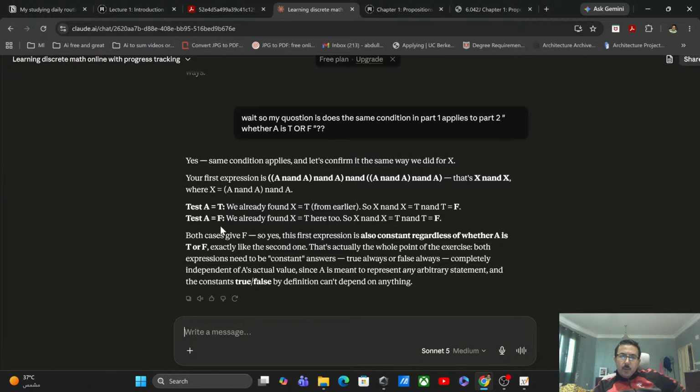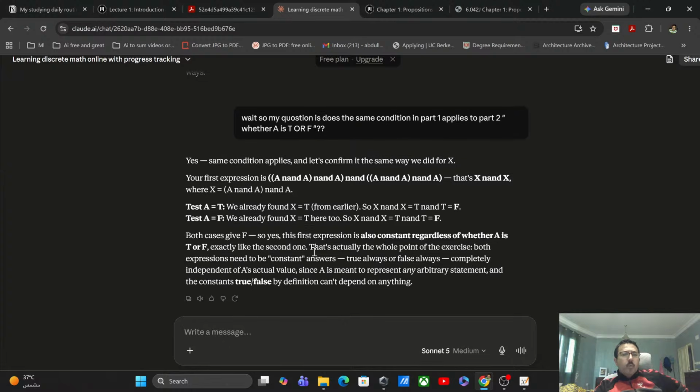Test A equal false. X is still equal T. Both cases give the same result. So yes, the first is also constant, whether A is true or false.